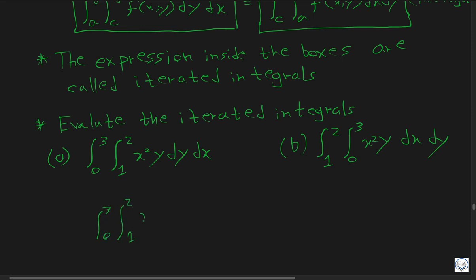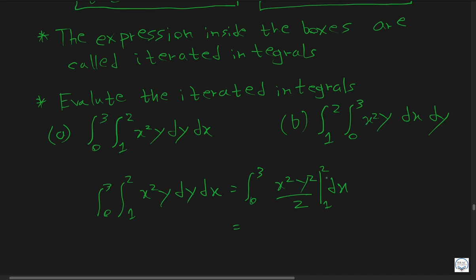So now let's solve a problem. Let's do the y integral first. Here we have to do the y integral first, treating x as a constant, which is applying Fubini's theorem. So here we get x squared y squared divided by 2, dx, and we take the limits from 1 to 2.